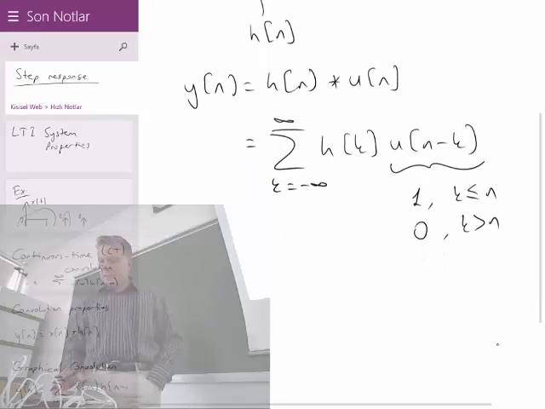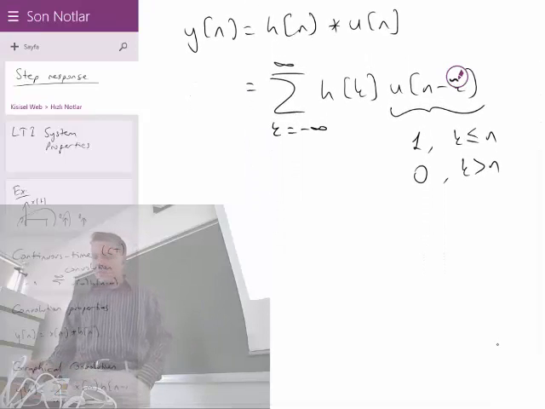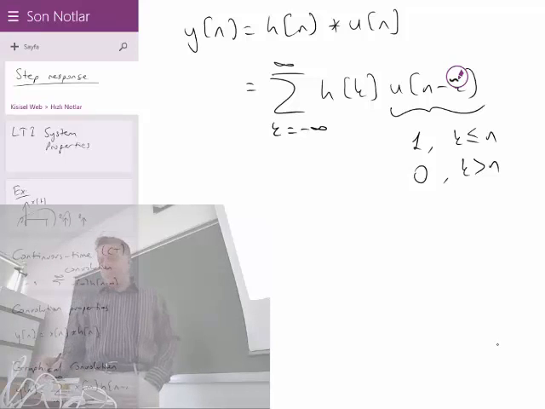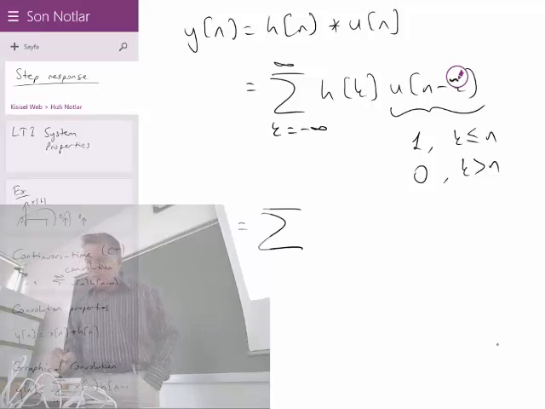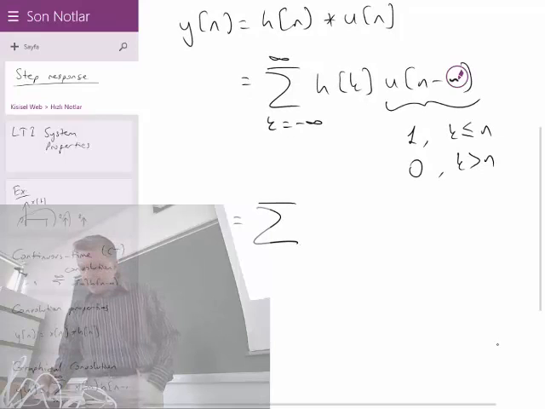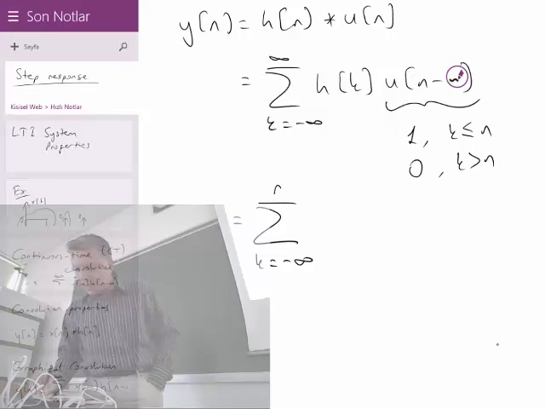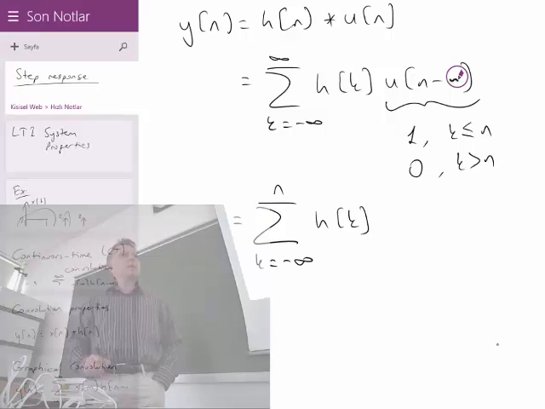Okay. How can we impose this condition on the running index? K from minus infinity to infinity, we say, but we don't need to say it like that. Do you agree that this is the same as writing the sum over k from minus infinity to n of h of k? Do you agree with this?